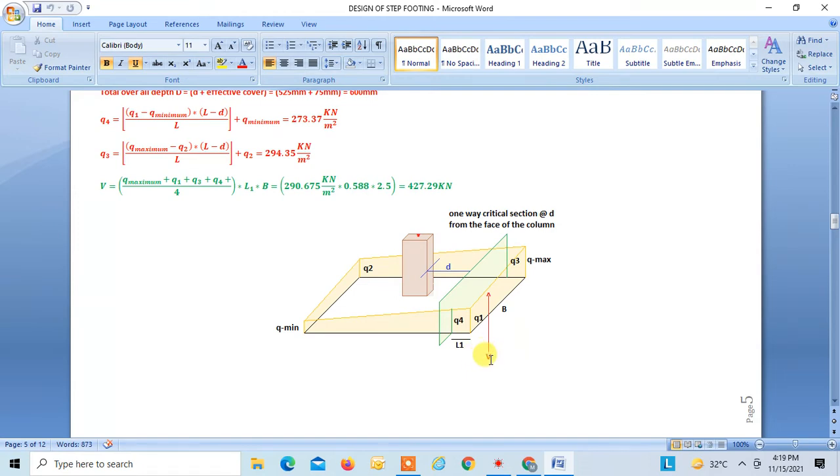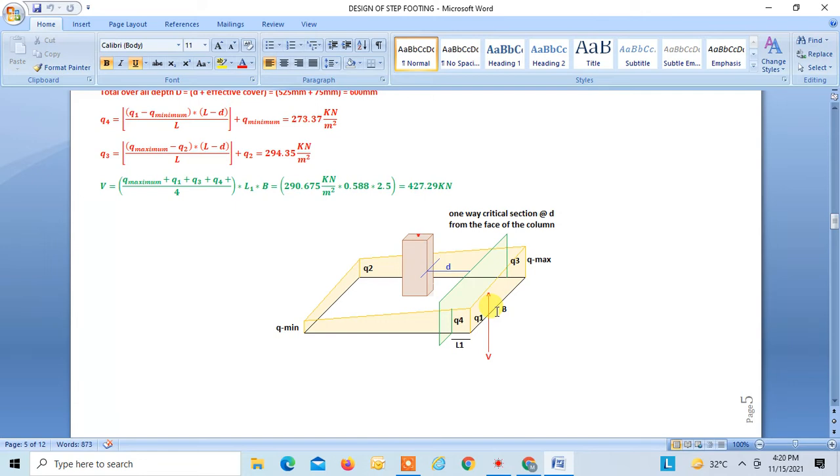So for finding this equation, this is D, this is L1, this is B. We know that stress into L1 into B will give us V, but over here we don't know Q4, we don't know Q3, we know Q2, we know Q1, we know Q max.